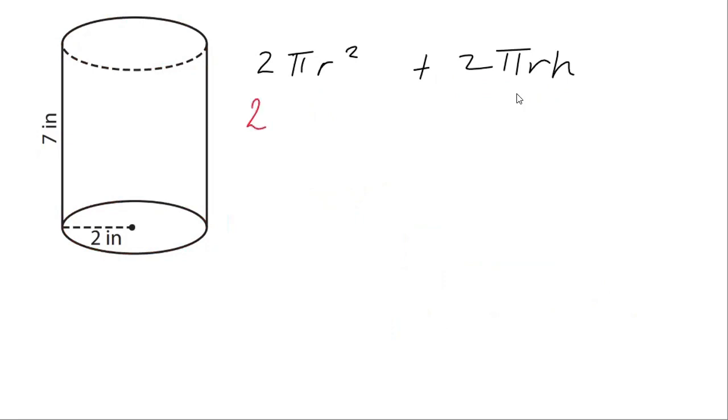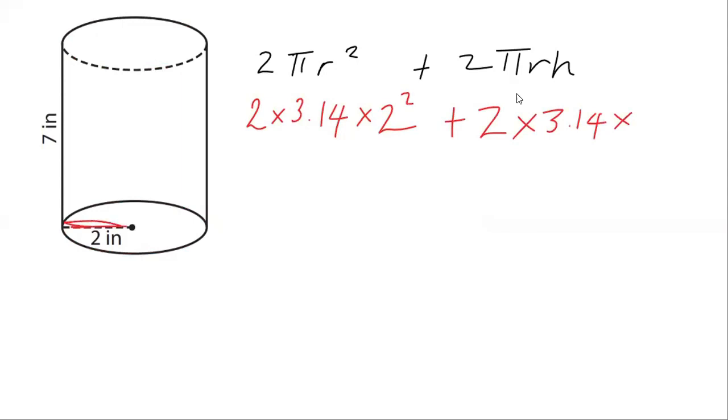If I have 2, and we're treating pi as 3.14, 2 times 3.14 times the radius squared, that is 2 squared, plus 2 times 3.14 again, times, no, the radius is still 2, this is where I got the 2 from, the radius, times 2 again, times the h. So at this time, all we have to do is punch these numbers into our calculator.